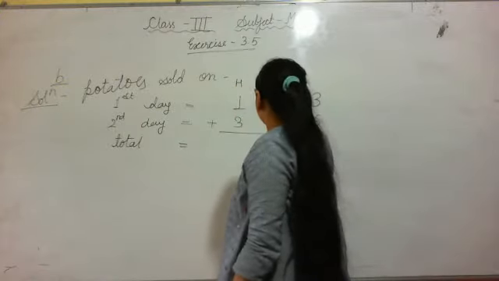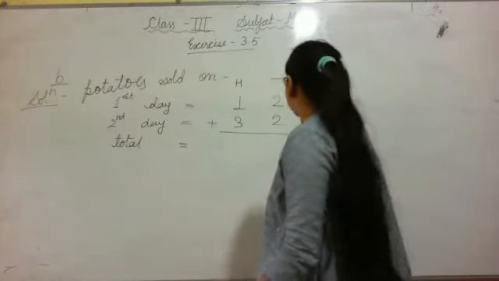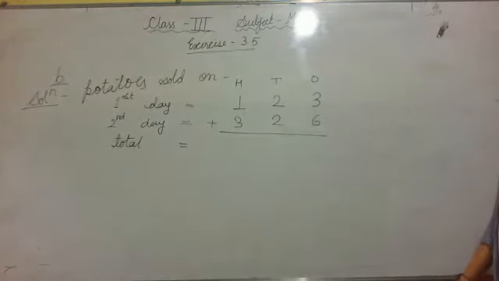This will be below this. Okay, so 3 plus 6. So all of you first of all open 3 fingers. Yes, plus 6 is there, so open 6 more fingers.